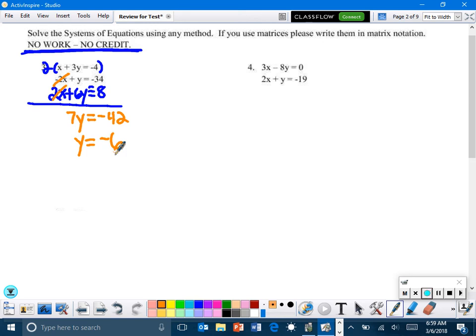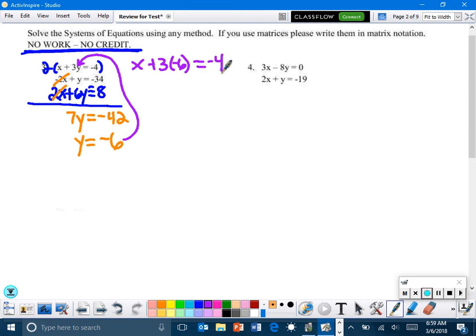Then I need to plug that y value into one of the equations, and I'm going to plug it into the top equation. I'm going to replace the y in the top equation with negative 6. So x plus 3 times negative 6 equals negative 4.